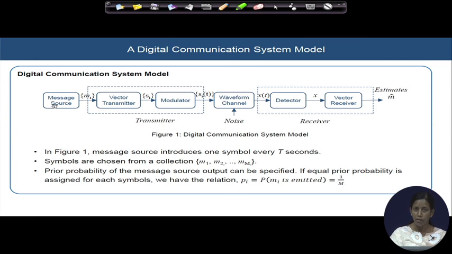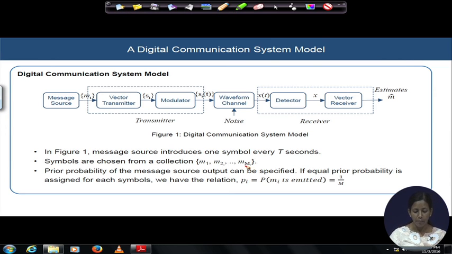Let us assume that this message source is generating the messages Mi, where i goes from 1 to capital M. So, I have a set of capital M message symbols, from M1 to capital M, and we also call this an alphabet.